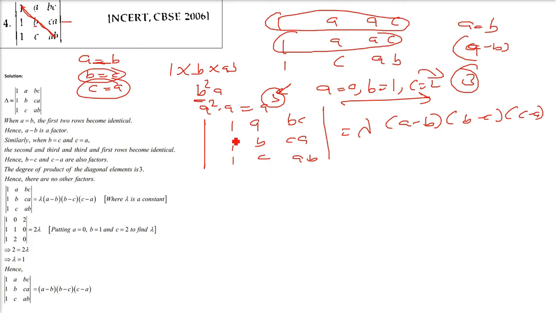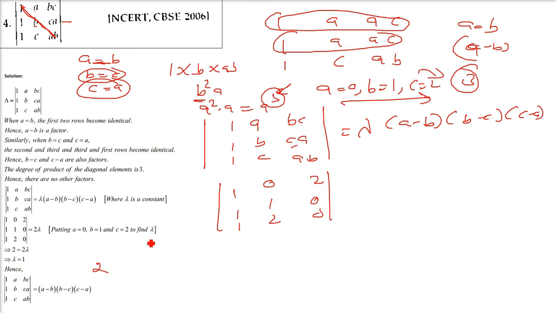So I'm putting these values on the left hand side and right hand side. This becomes the determinant, where I'm replacing the values of a, b, c. Now just open this. I am opening it using the third column because there are two zeros.